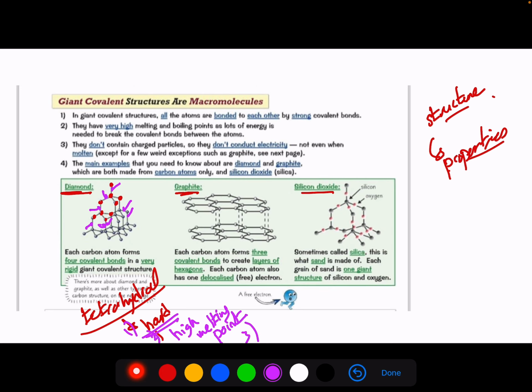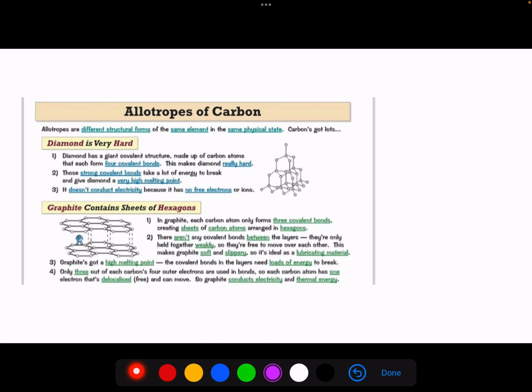Finally, for diamond, do you expect diamond would conduct electricity or no? For something to conduct electricity, you require a movable charge. This movable charge could be an electron, could be an ion, all right?